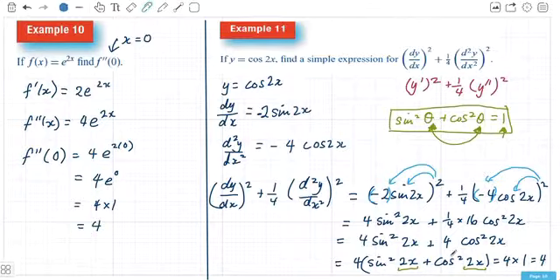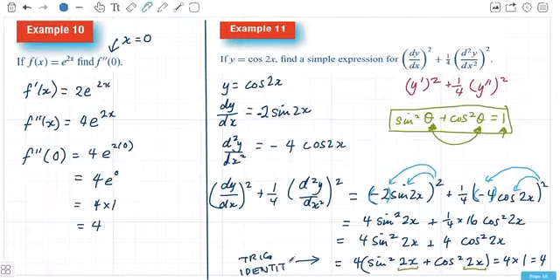So for this particular example, a simple expression for (dy/dx) squared plus a quarter (d squared y/dx squared) squared is found by differentiating y not once but twice. You substitute that into the brackets, and after you've done that, you use a trig identity to simplify.